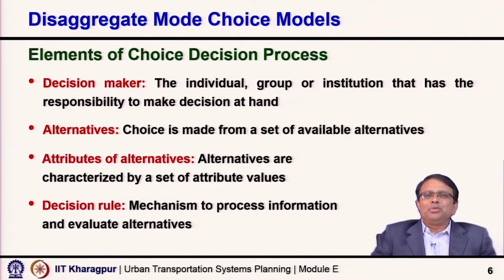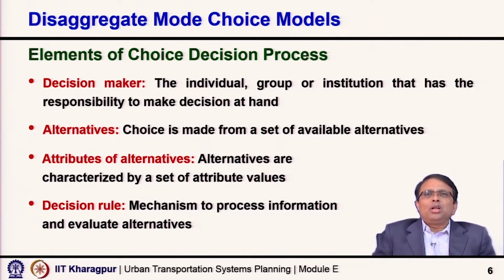So, one is the decision maker, an individual, group or institution that has the responsibility to make the decision at hand. In disaggregate models, it is mostly the individual that we are interested in.